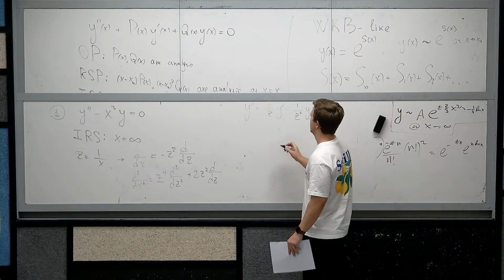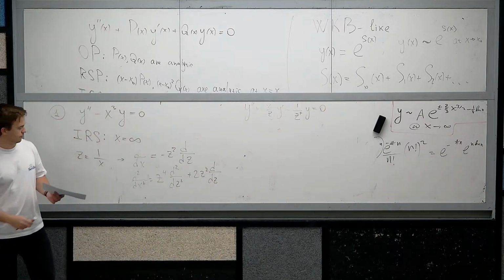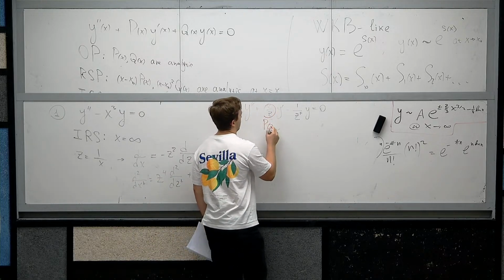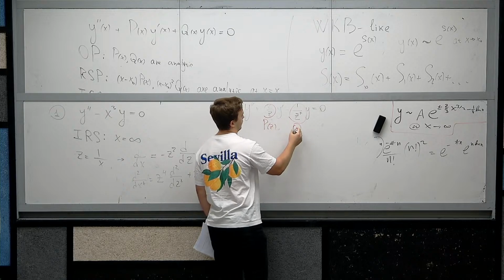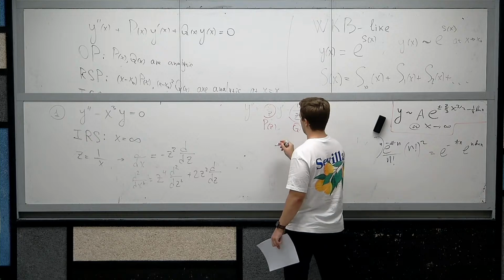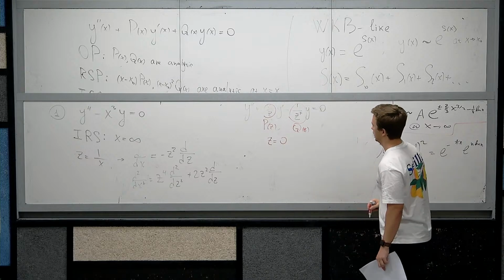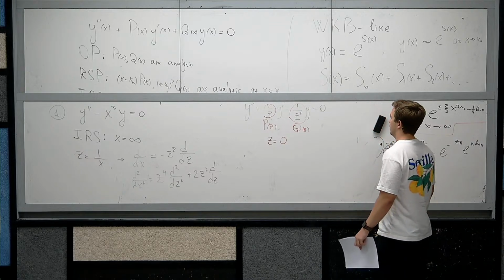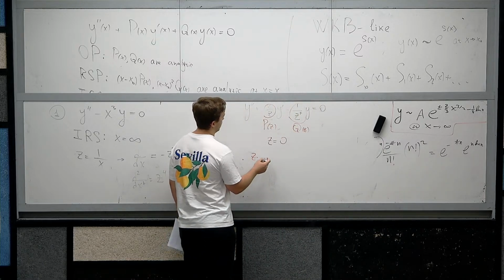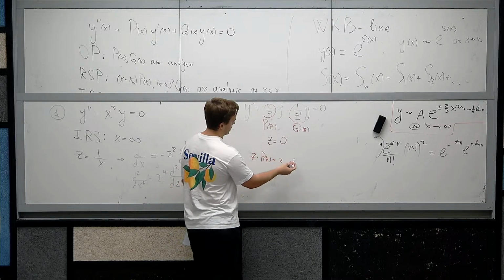So this is our p function, and this is q. And z equals 0 is a singular point. Then we see that z times p of z is just 2, so it's analytic.